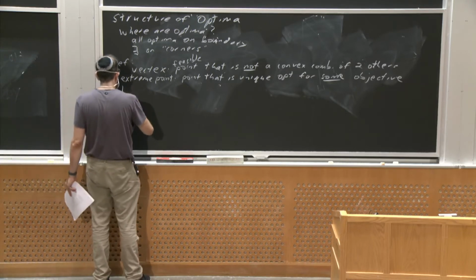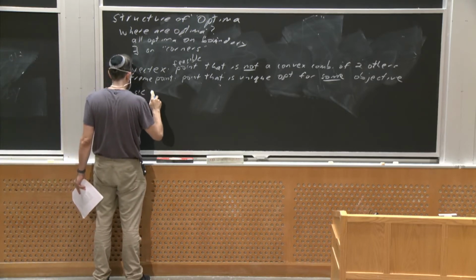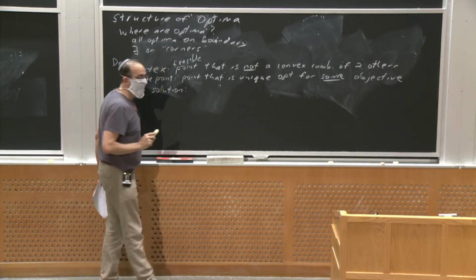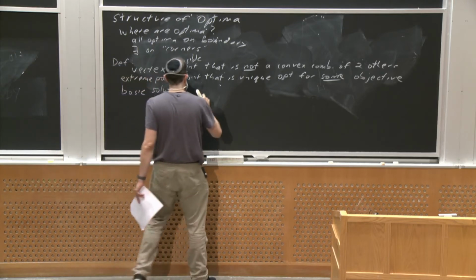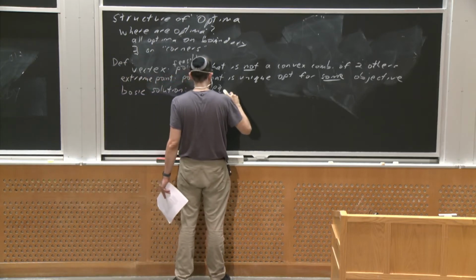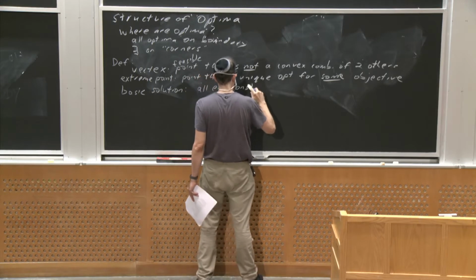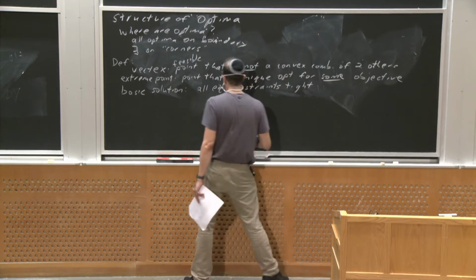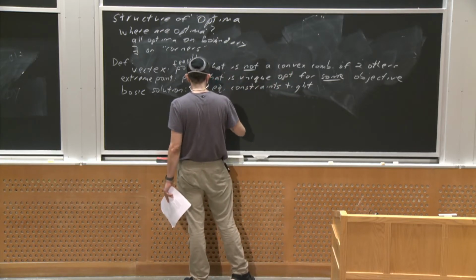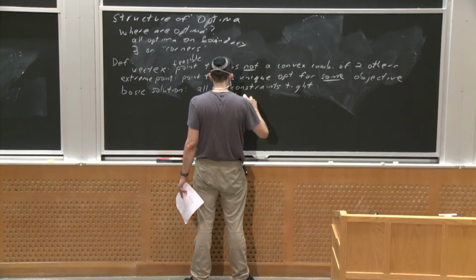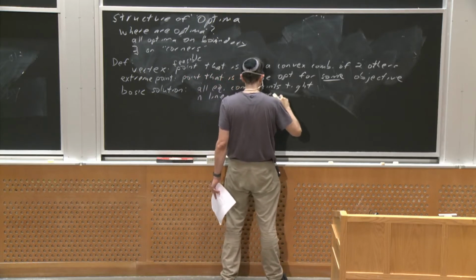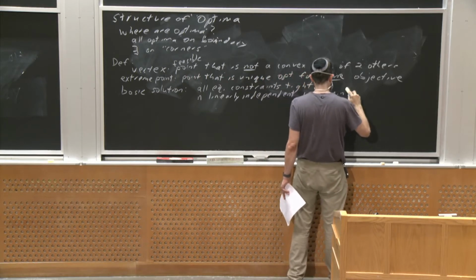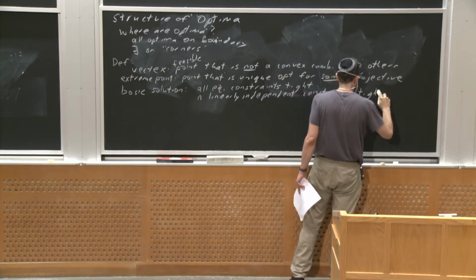Now there's a third definition of what's called a basic solution. A basic solution is one where all the equality constraints are tight, and in total, n linearly independent constraints are tight.